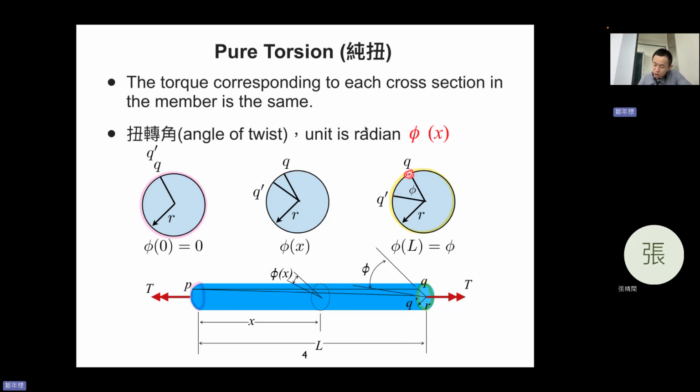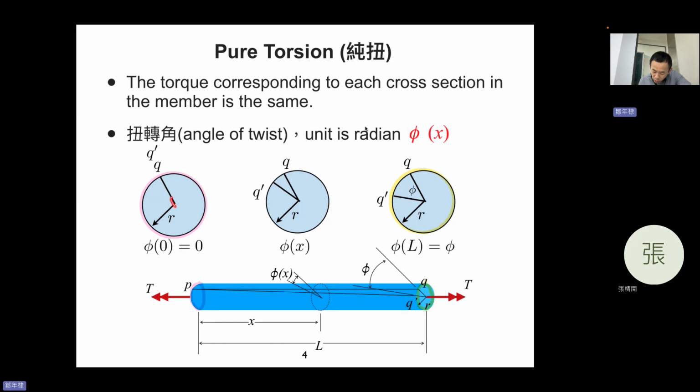The point Q, because of your torsion, becomes Q prime. But at x equals 0, it doesn't change at all. Q and Q prime are at the same point. So in the middle, it will be Q prime, but with a smaller angle, right?